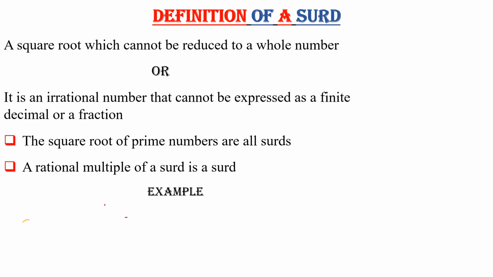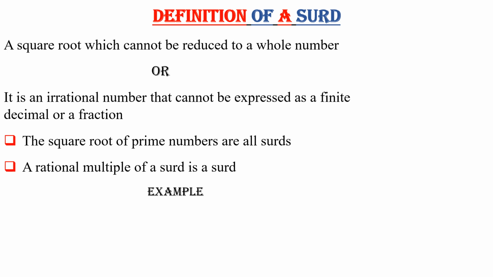The note says the square roots of prime numbers are all surds. So what are prime numbers? These are numbers that have only two factors, 1 and the number itself.